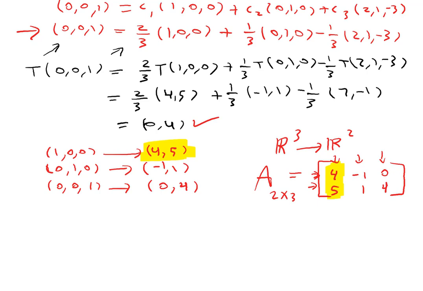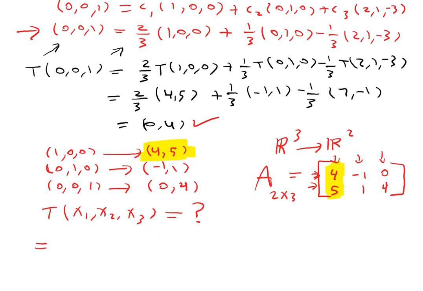So what's the general rule? If you go up in the problem, or if you have your book handy, I don't want to go up and down, it says what is T of (x1, x2, x3). That was the question. We want the general rule.